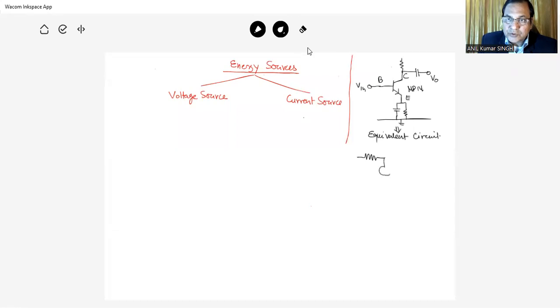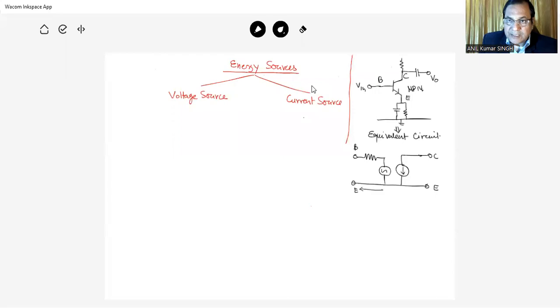Here it is a source, and then this is the collector, here it is the emitter, and this is the base. This line is the emitter.